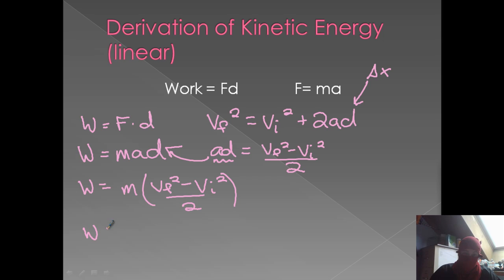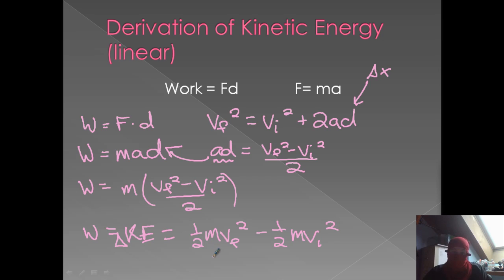And to make it look a little nicer, which is the way you're going to see it most of the time, work here is going to equal your kinetic energy. It's actually a change in kinetic energy because we're going to have two different quantities here. So carrying out all this, putting it all together, we get 1/2 mass times the final velocity squared minus 1/2 times mass times the initial velocity squared.